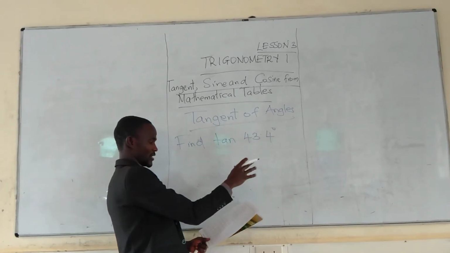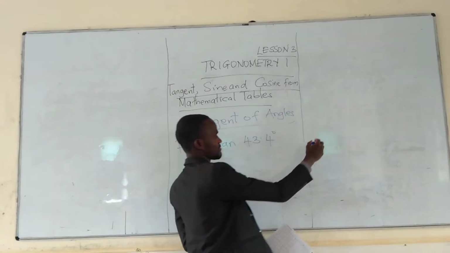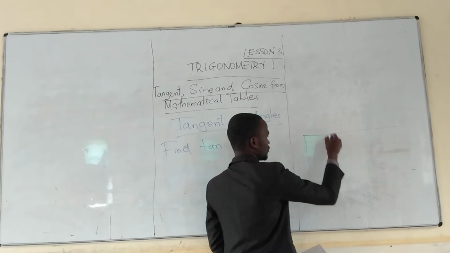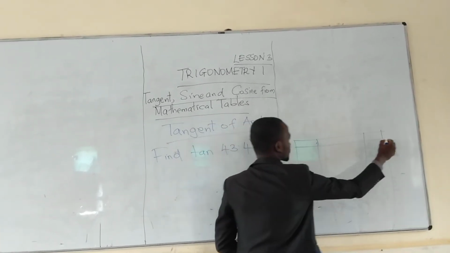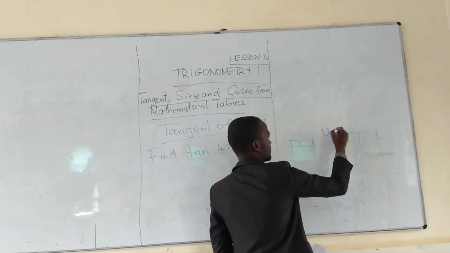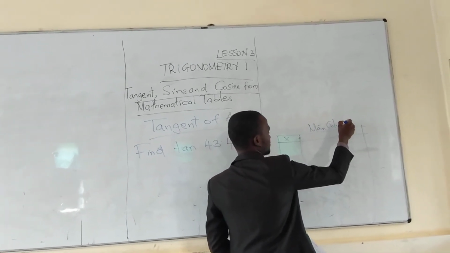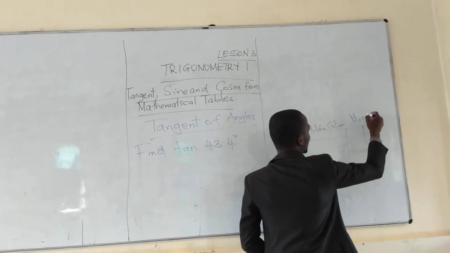Now, remember in the logarithms, in the tables we have the 3 different columns. We have the x column, we have the main column in between, and then we have the mean difference column.